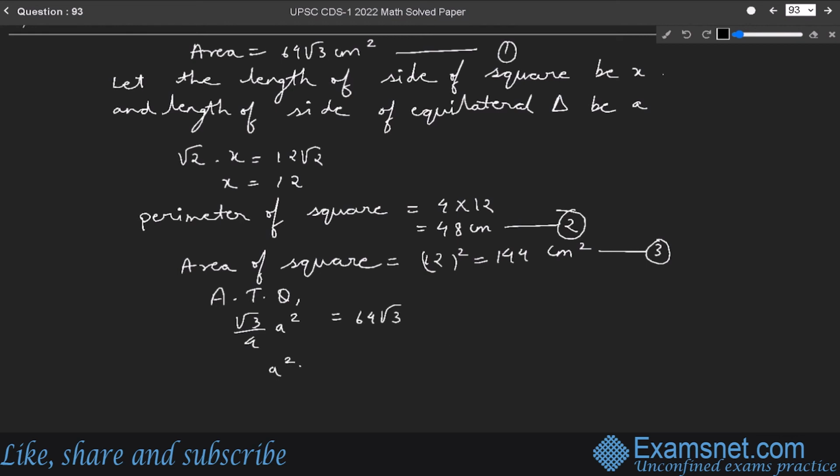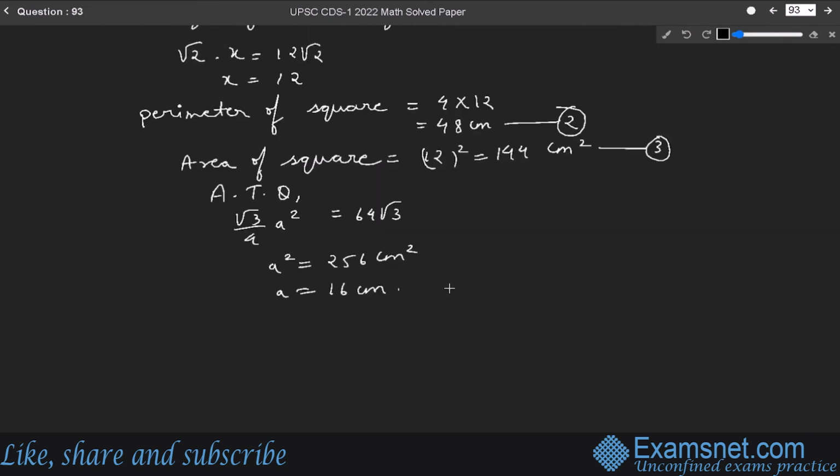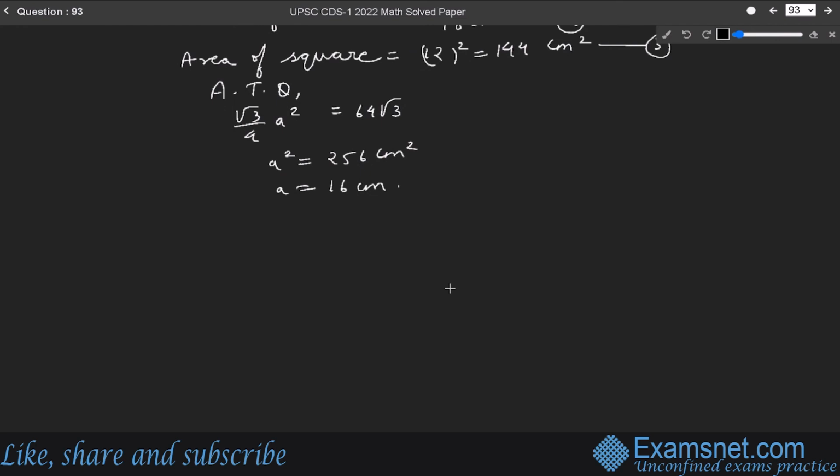So a square will be equal to 256 centimeter square, and a will be equal to 16 centimeter. So this is the side of the equilateral triangle. Now we can easily find the perimeter for the equilateral triangle. It will be 3 into 16, which will be 48 centimeter. Let this be equation number 4.